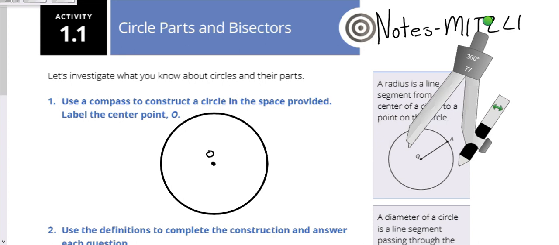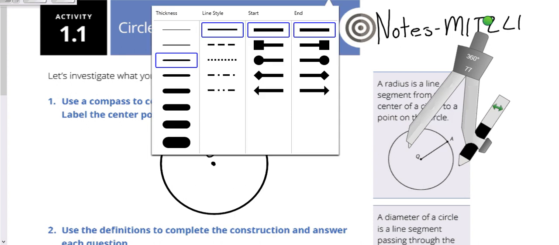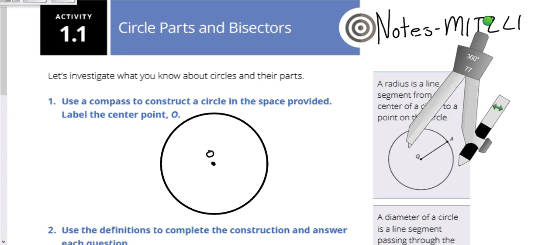Okay, so we need to construct a diameter here. I think the easiest thing probably to do is to get me a line here through O. And there we go.